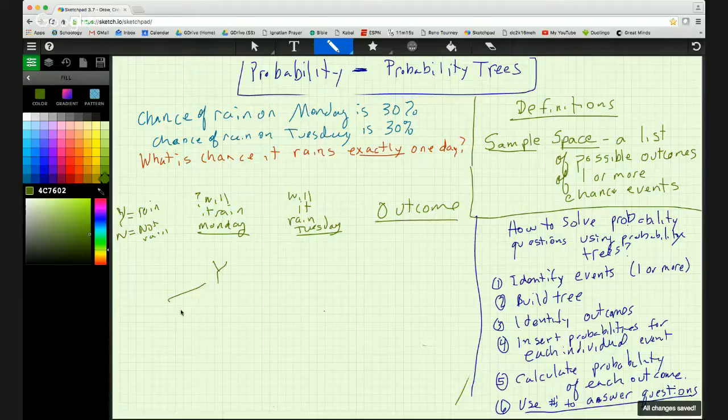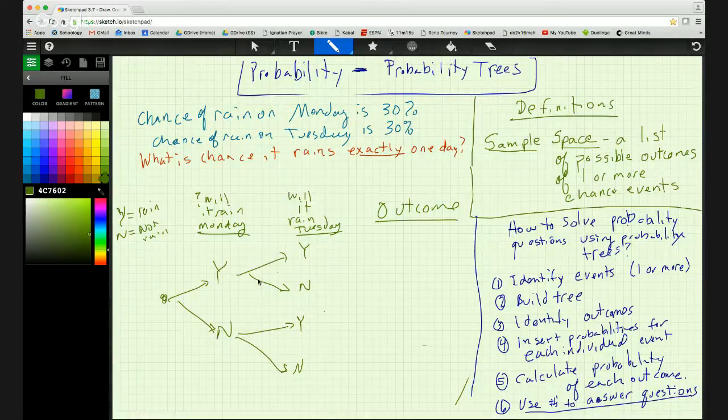So here we got our starting point. Yes and no. Will it rain Tuesday? Yes, no. We can do arrows. Let's do arrows. Yes, no. And we got another tree with 4 outcomes.